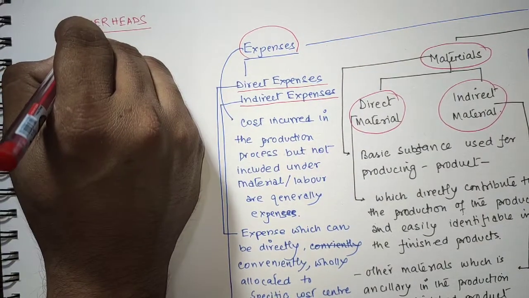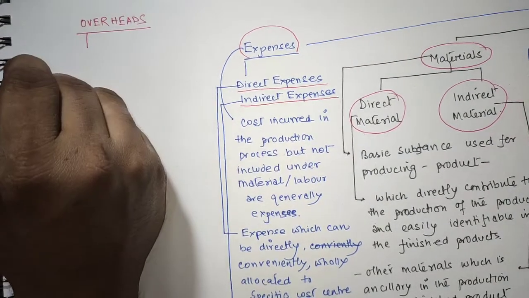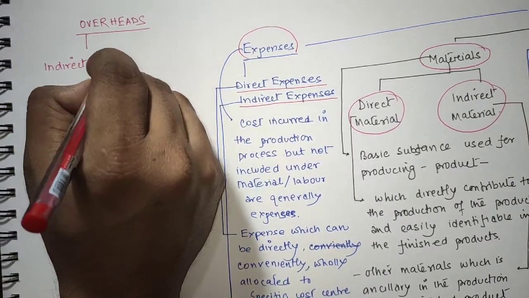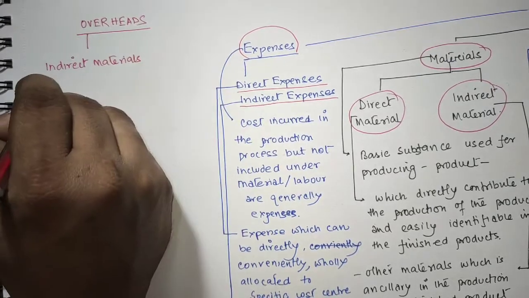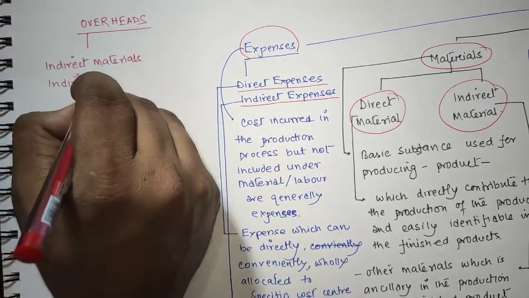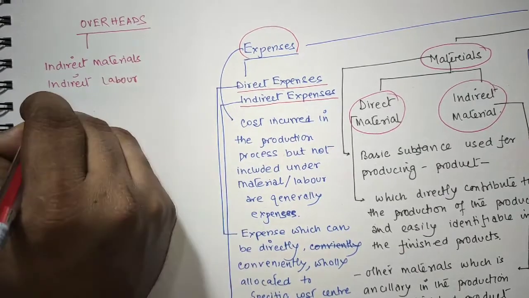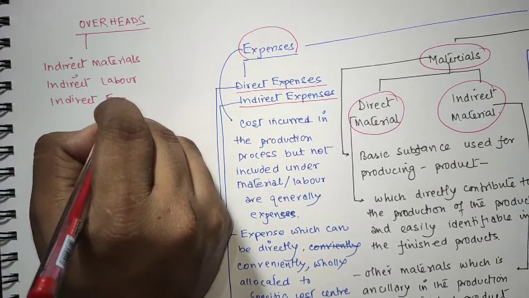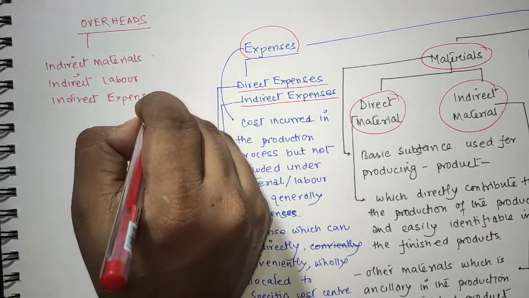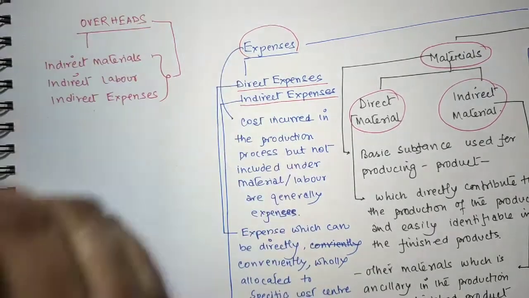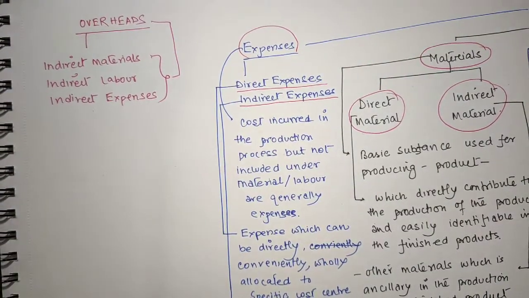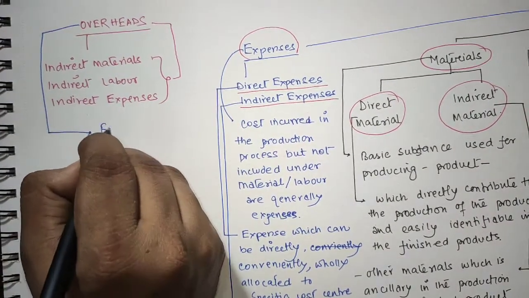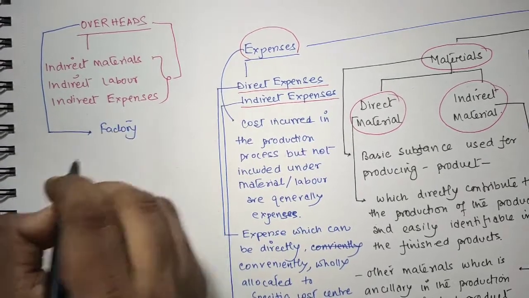Overhead is formed from three things: indirect material, indirect labor and indirect expenses give rise to what? Overhead. And overheads are basically of three types. Number one, factory overheads.